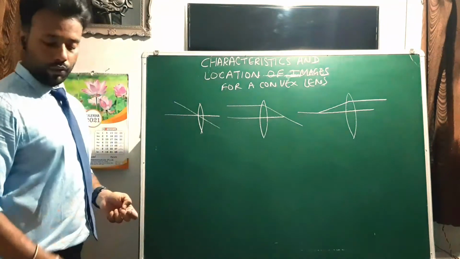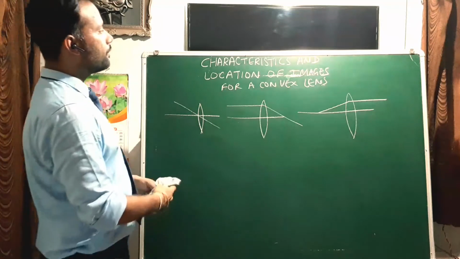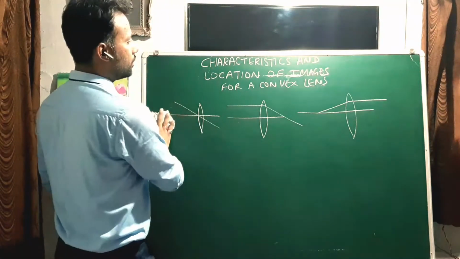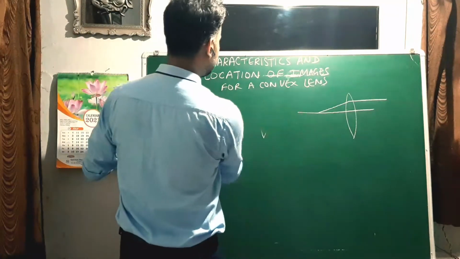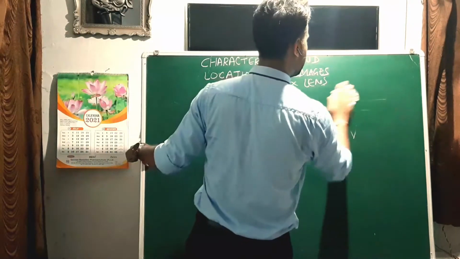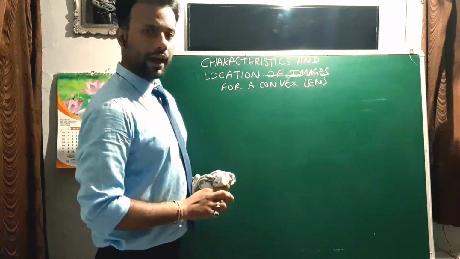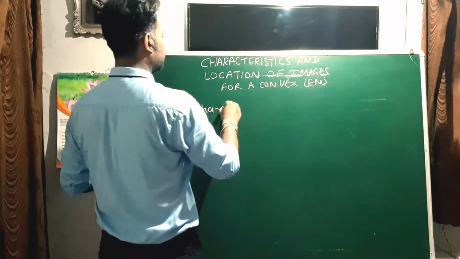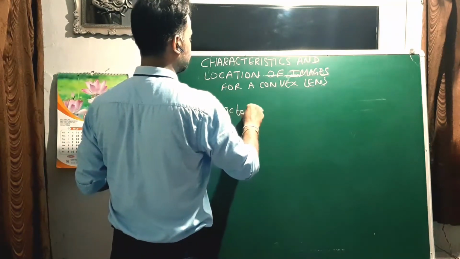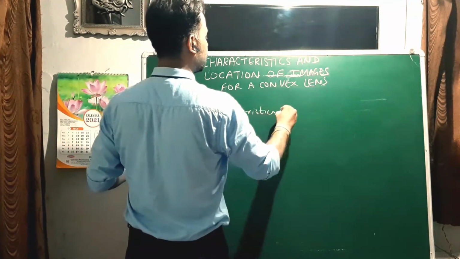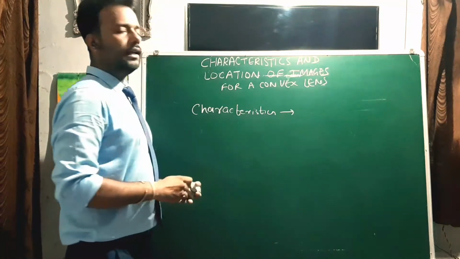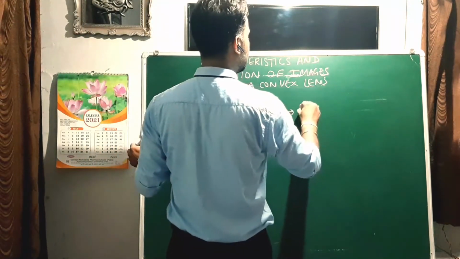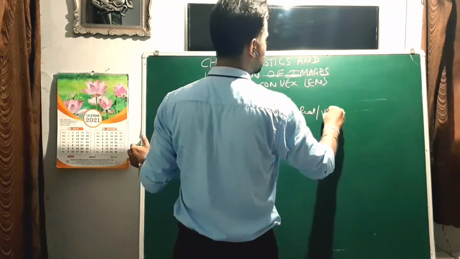As you can see on the board, the topic is characteristics and location of images for a convex lens. When we say characteristics, we deal with three points. First, is it real or virtual?